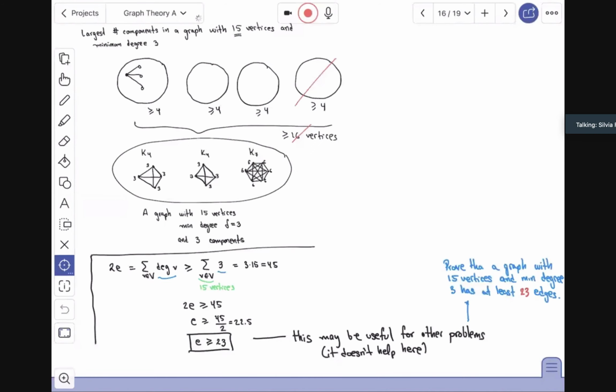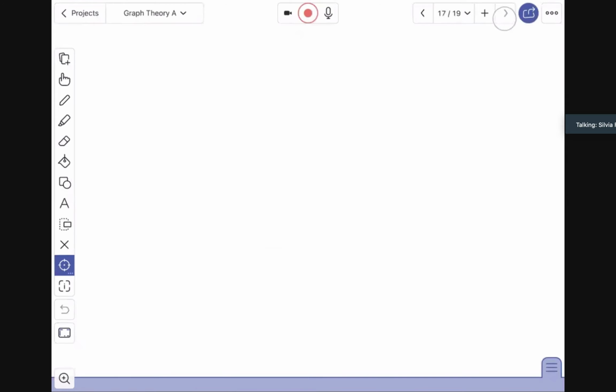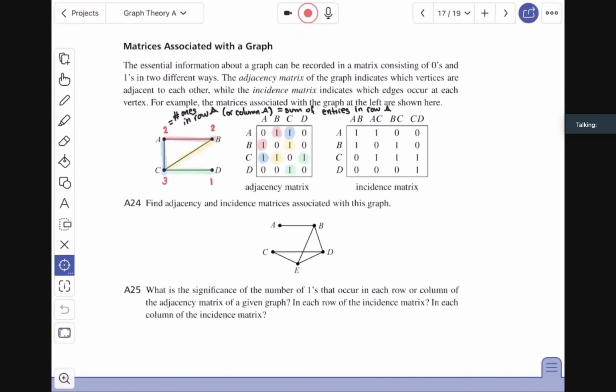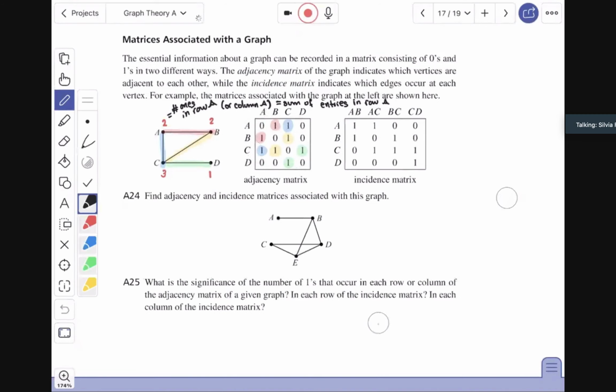Twice the number of edges, right? So the sum of all the entries in my matrix is twice the number of edges. So that's related to this question over here.